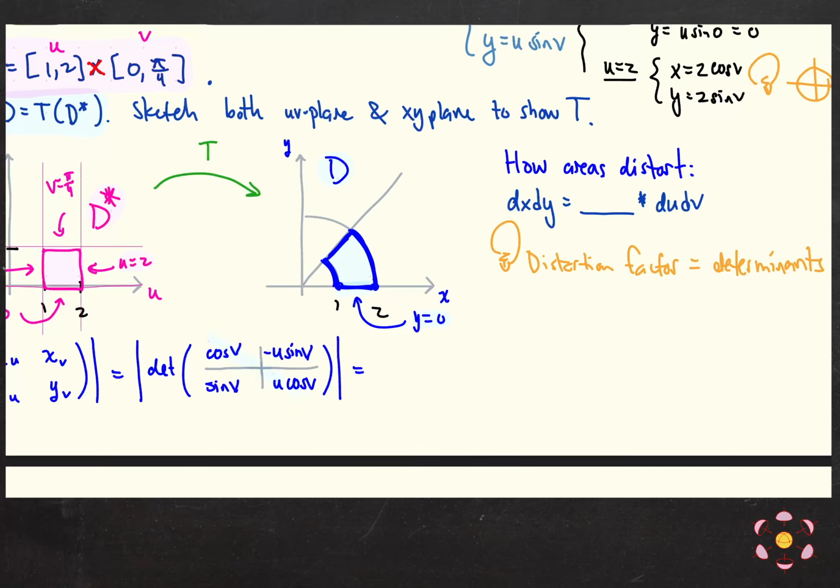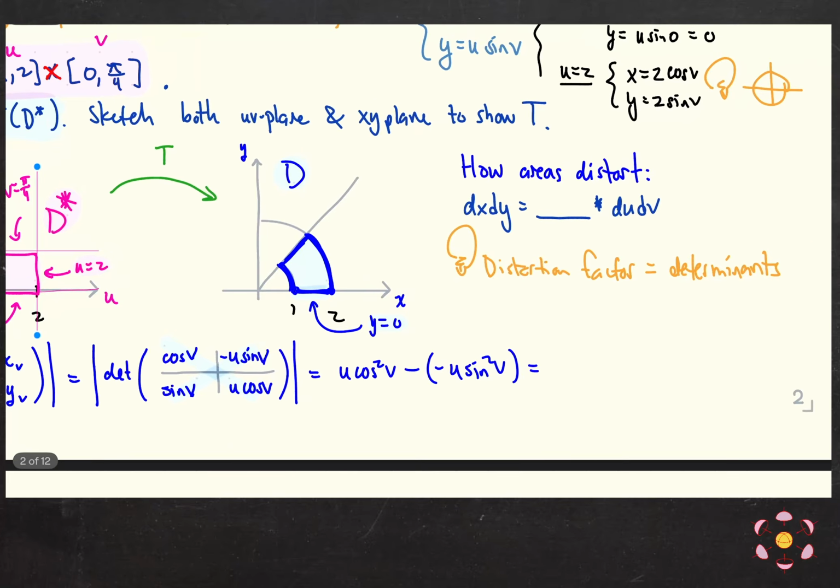Okay, so what do we do with the determinant? Remember, multiply the diagonals and subtract the off diagonals. So we are going to get u cosine squared v minus a negative u sine squared v. And the double minus signs turn into addition. So if I factor out the u and then add, I've got cosine squared v plus sine squared v.